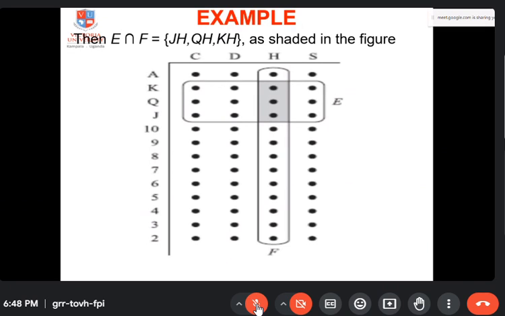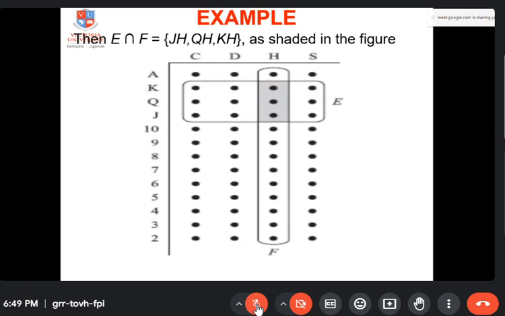The intersection will be, because you remember we first said we take those cards which are pictures: a king of clubs, a queen, a jack. Then we have a king of diamonds, a queen, a jack. Then we have a king of hearts, a queen, a jack.